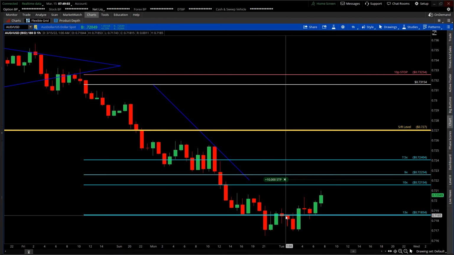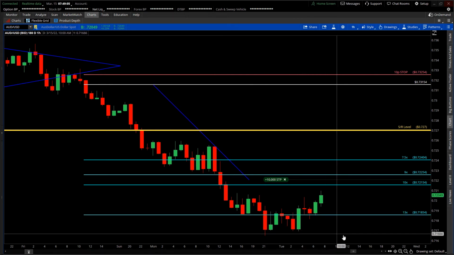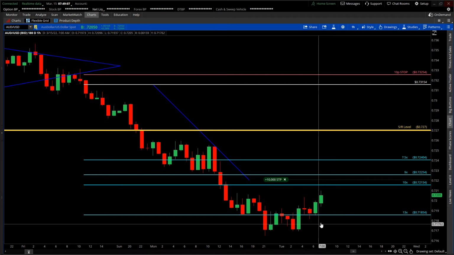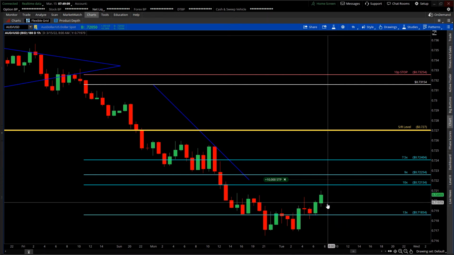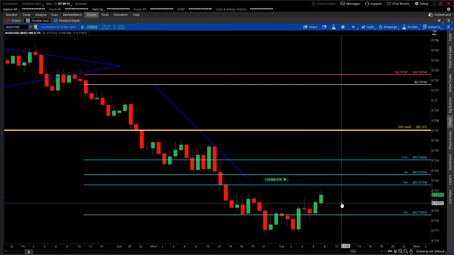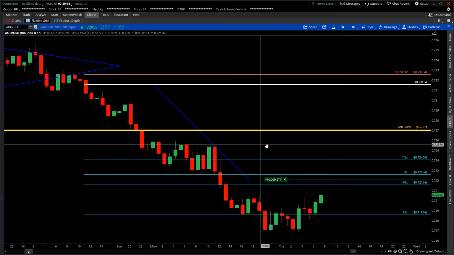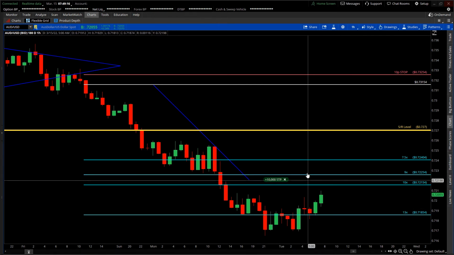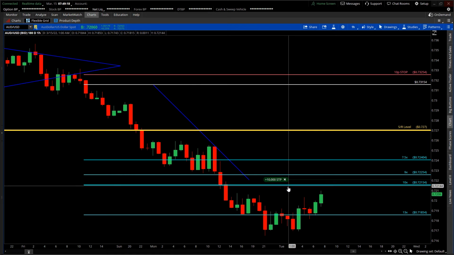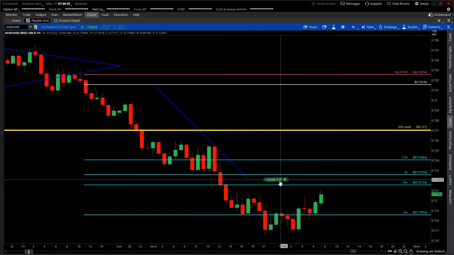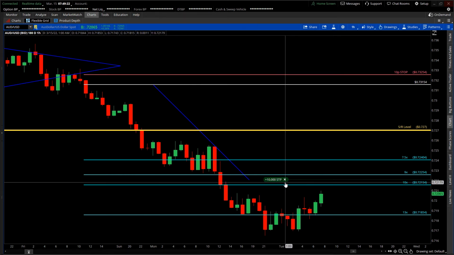But I was hoping that the trend would still continue further towards the downside. I still think that's possible. So this could be another consolidation area right down here. But at this point, I'm okay with the trade closing at my current stop level right here.